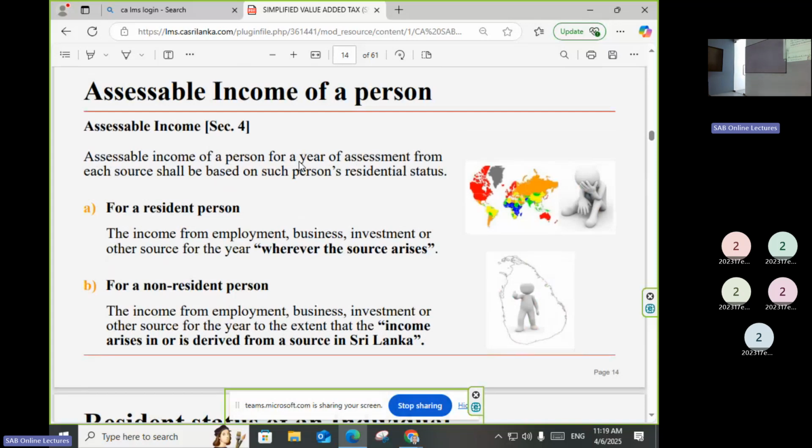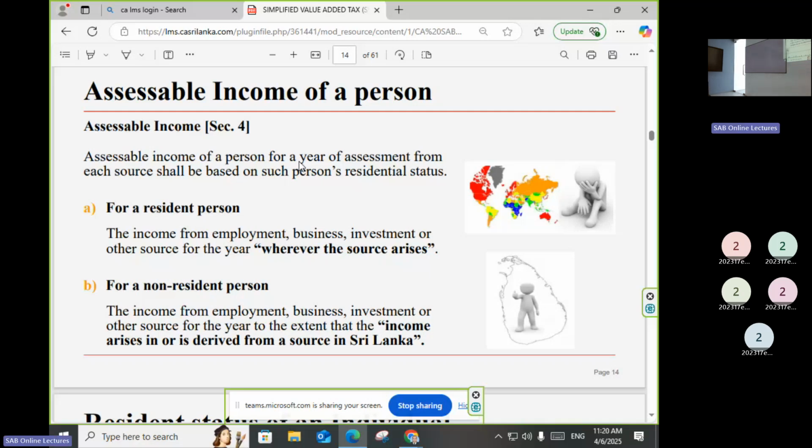In case of a resident person, if he is having an income as per the Sri Lanka law, he is treated as a resident person for Sri Lanka tax. For tax purposes, as the law says, he is a resident person.